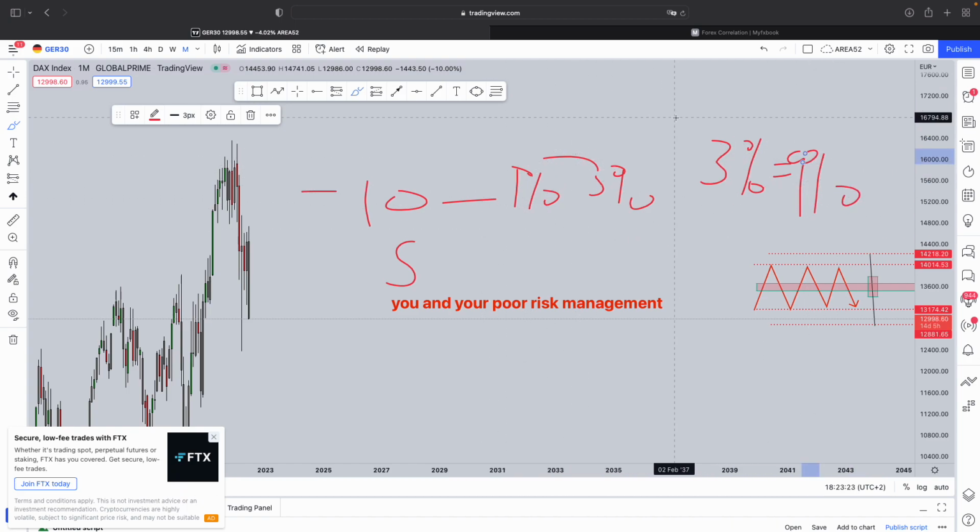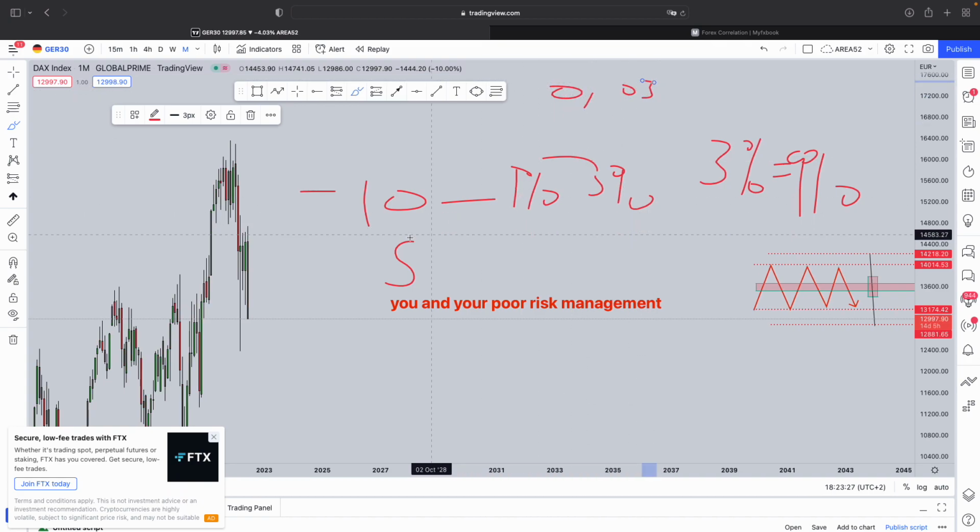But according to your calculation, the lot size you were supposed to use was 0.03. So you went ahead and used 0.03 for the first 2 trades. And then you got into your feelings, you started feeling a certain type of way. And then what happened was known as revenge trading. So now you take a bigger lot size, which is 0.10. Then you lose again.